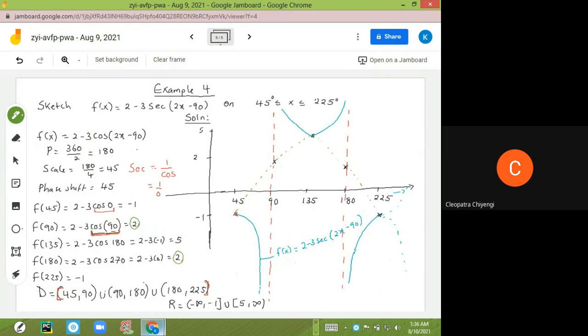So I have a question on the range. How is it that the negative 1 and the 5 are included in there? Because we are obtaining those numbers. The range is what you are able to obtain.